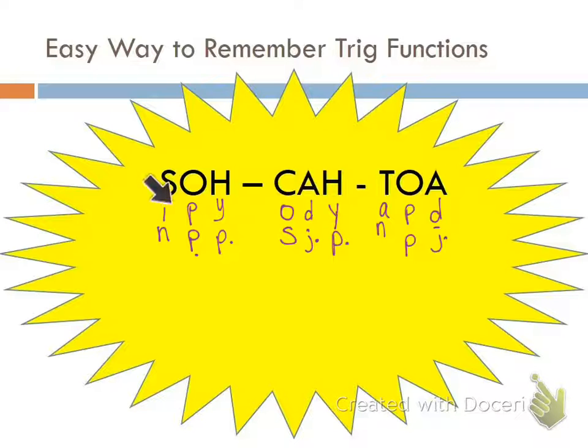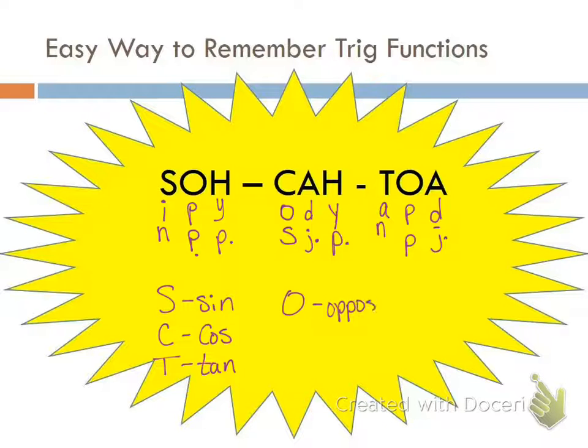Now I usually don't write all of this below, but this way you can know what these all stand for. Or you could write it down below. S stands for sine, C stands for cosine, T stands for tangent, O stands for opposite, A stands for adjacent, and H stands for hypotenuse.